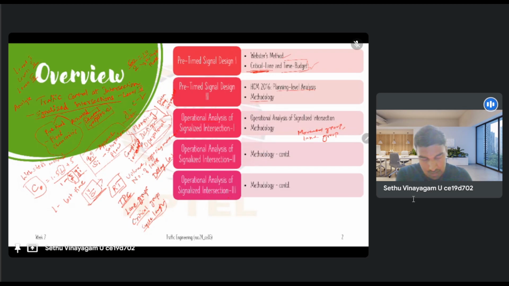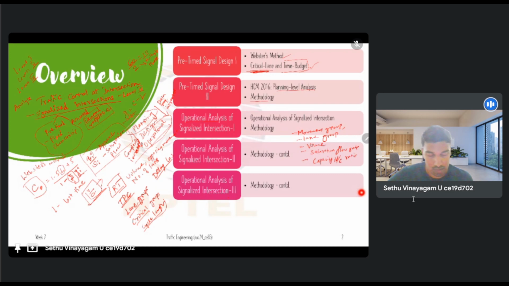We consider both movement groups as well as lane groups, and the flow rates for each of them, that is, the volume. Then we have to find the saturation flow rate, and then calculate the capacity and also the volume to capacity ratio, right?